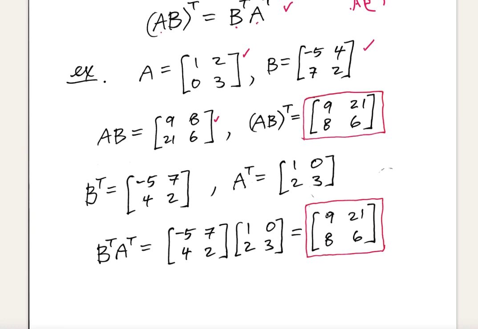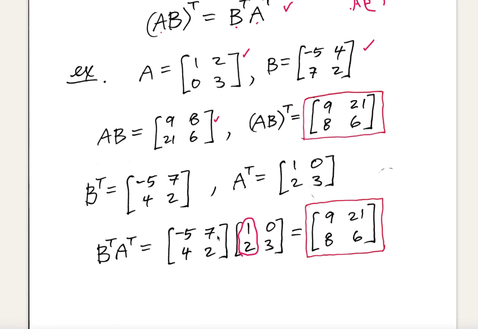Okay, now let's go ahead and multiply these two fellas. So I've got B transpose times A transpose. It'd be negative 5, 7, 4, 2, reading across. 1, 0, 2, 3, reading across on A transpose there. Let's take their product. Let's multiply that by the 1, 2. So we'd have 1 multiplying on the negative 5 and the 2 multiplying on the 7.